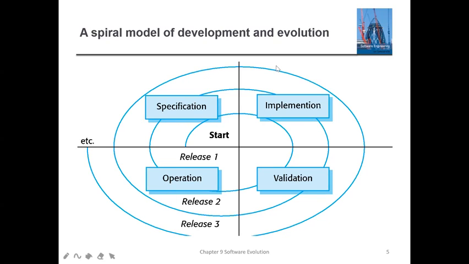After that, if you feel you need more changes, you can make changes in your software multiple times. That is the spiral model in developing software products.